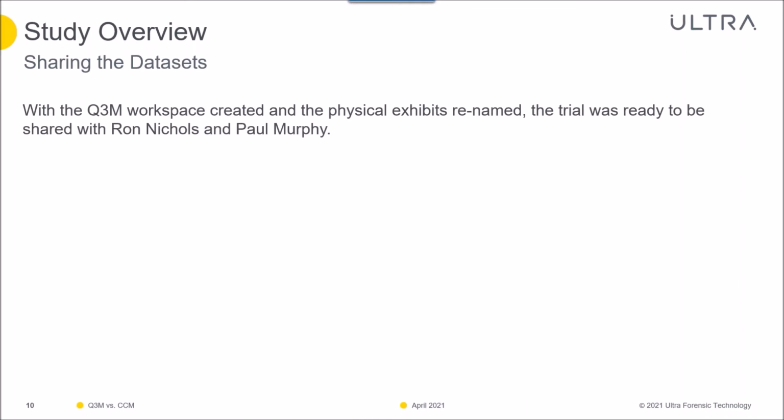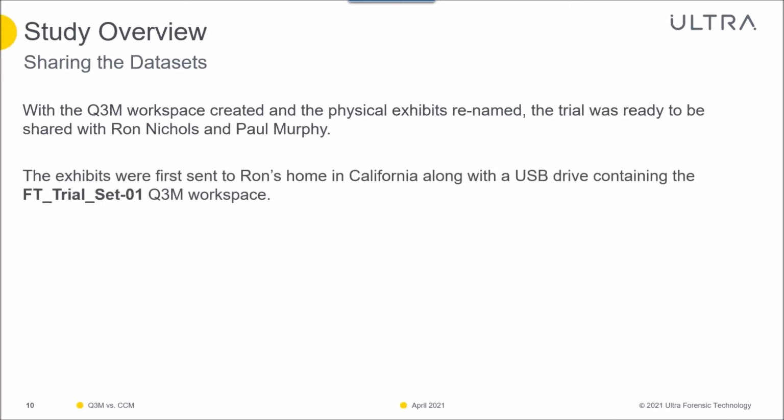At that point, the data sets were ready to be shared, and so I reached out to Ron Nichols and later Paul Murphy. The exhibits were first sent to Ron's home in California, where he received the series of bullets as well as a USB external drive that contained the Quantum software as well as the Quantum workspace FT Trial Set 1.